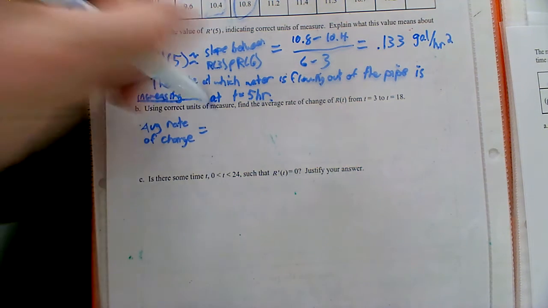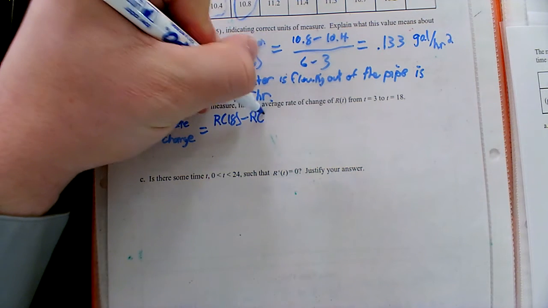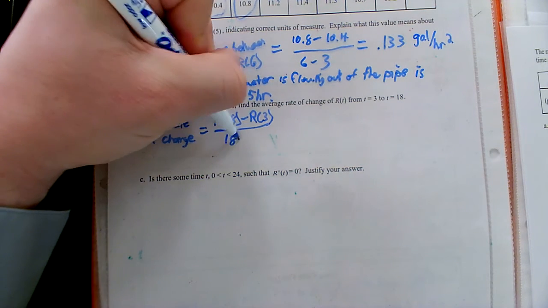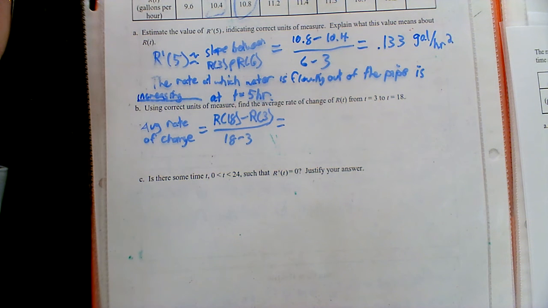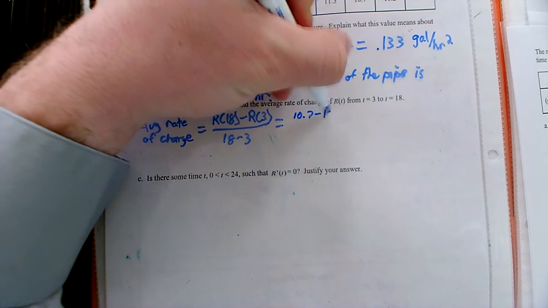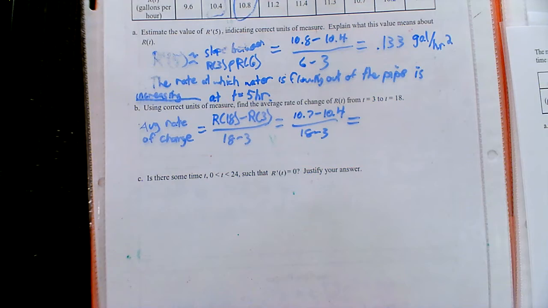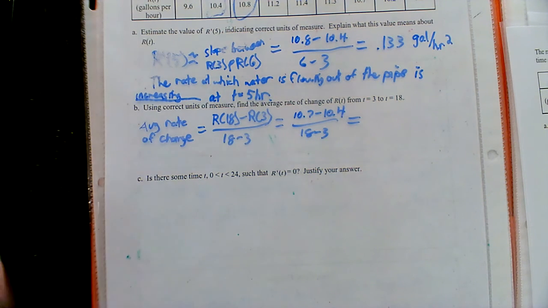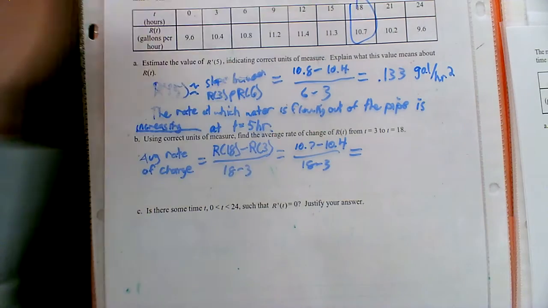So we're finding r of 18 minus r of 3 over 18 minus 3. And again, if you use your table to help you out with this one, you would get 10.7 minus 10.4 over 18 minus 3. And you are going to get some decimal again. So again, we're using the table to help us find those values. So this time we were talking about 18 and 3.